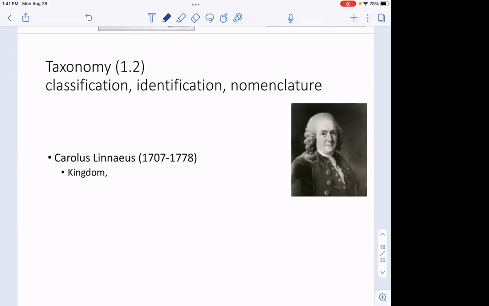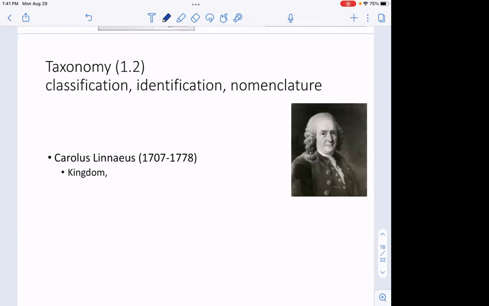And obviously, we've been revising this system ever since. We have a lot more kingdoms than what we used to. We'll go through the revisions on that. Linnaeus said organisms are considered to be in the same species if they interbreed.